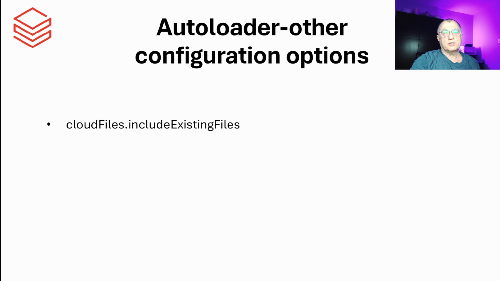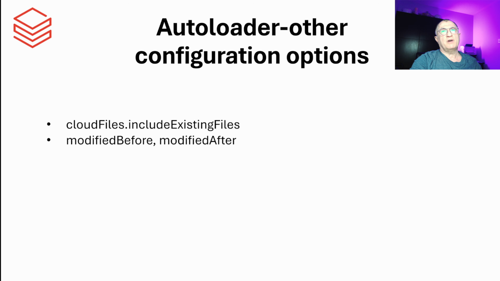When I say historical files, I mean files that pre-existed before your Autoloader streaming pipeline has started. By default, it's set to true, meaning that your existing files will be processed alongside newly arriving files. However, you can turn it off, which means that only new files will be processed by Autoloader.